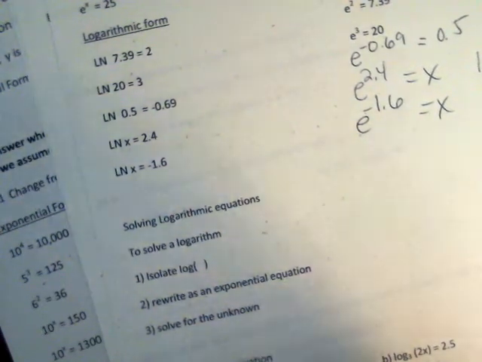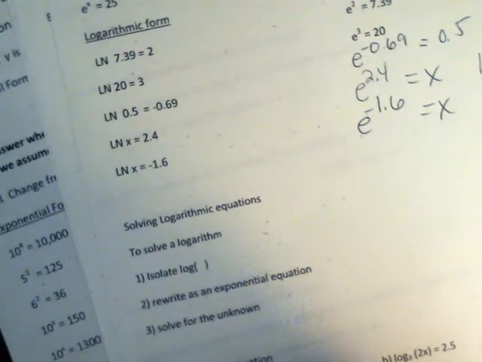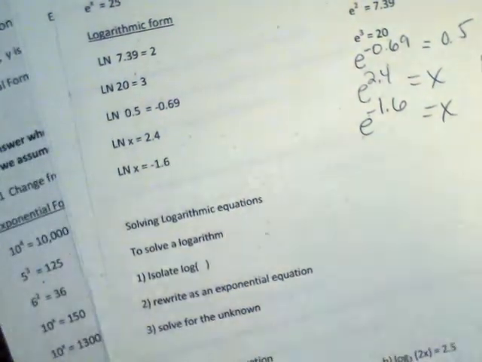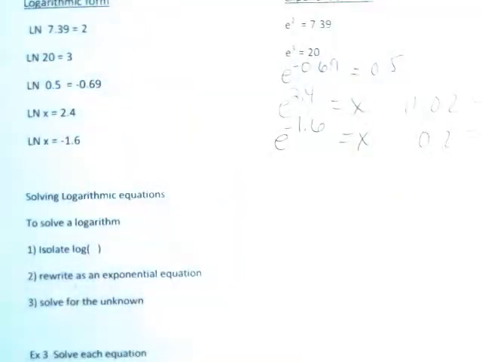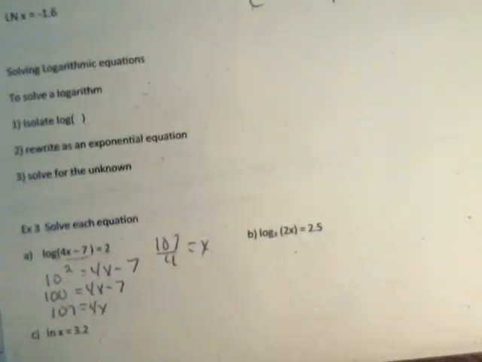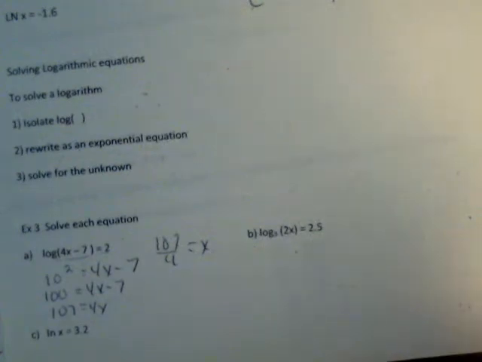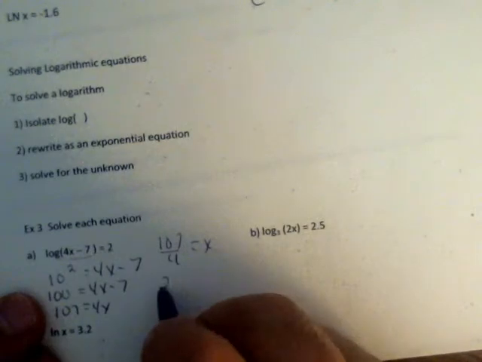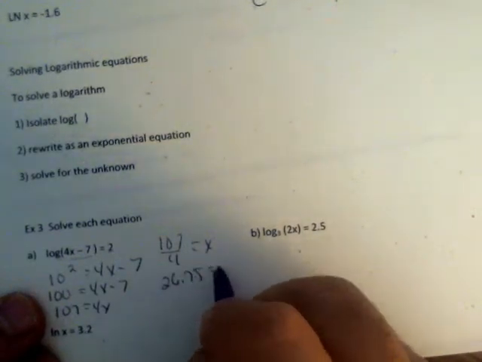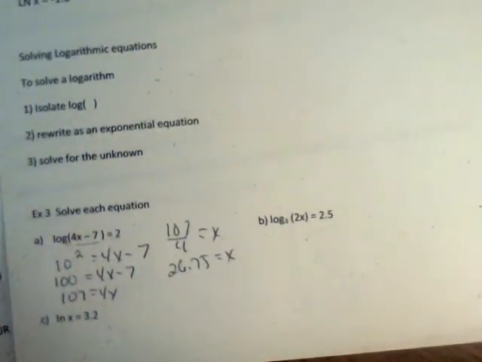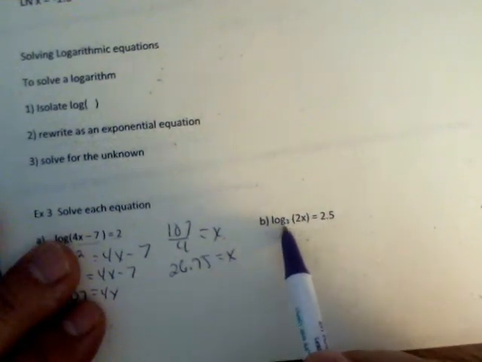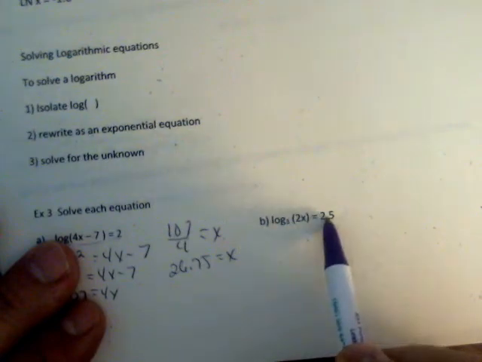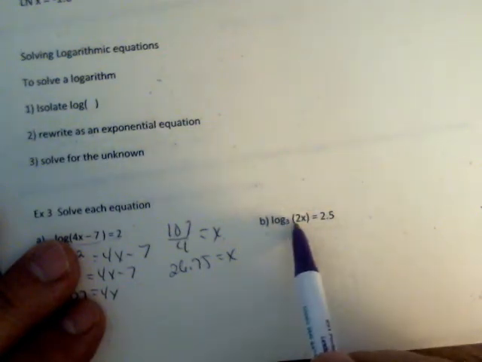Add 7. Divide by 4. Sorry about that, I'm running out of room here. And 26.75 is x. For this one here, my base is 3, exponent 2.5, and that's my number.